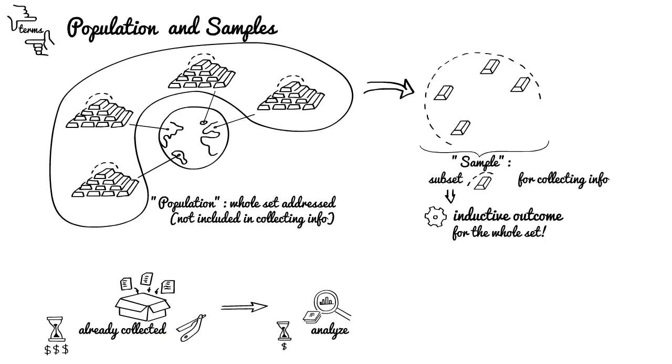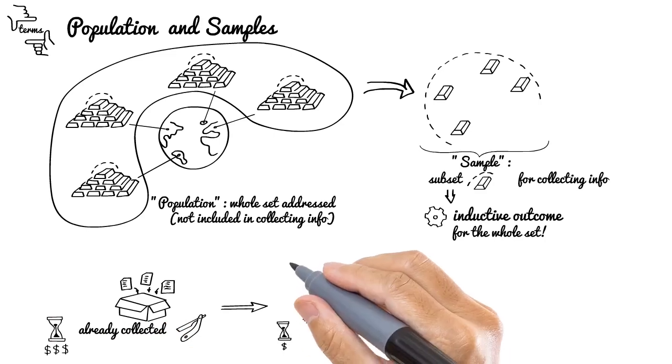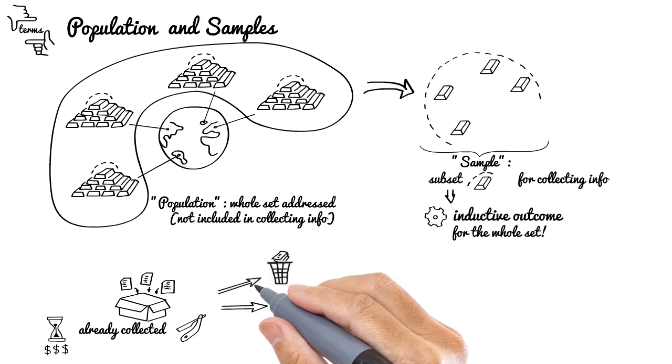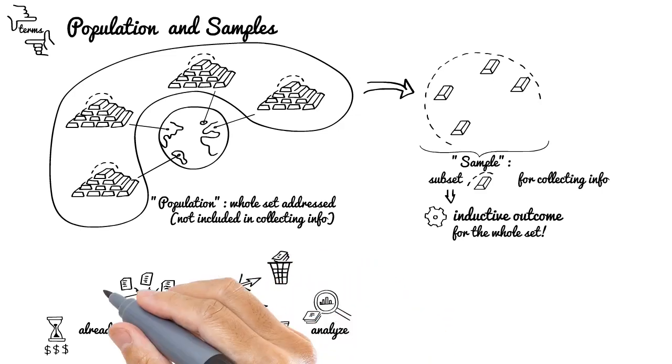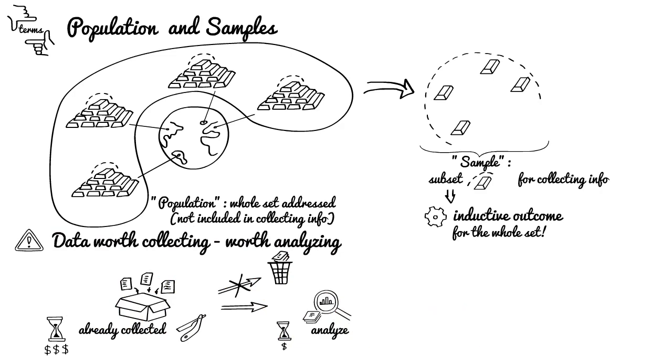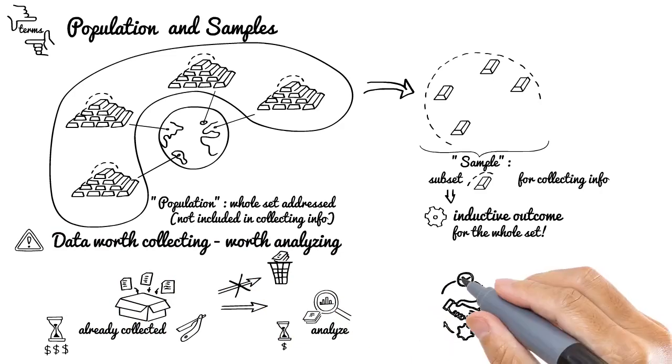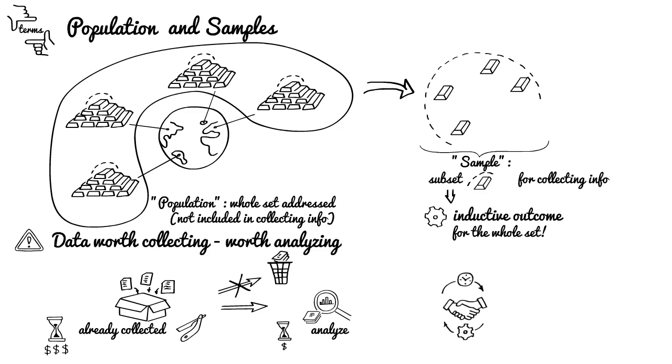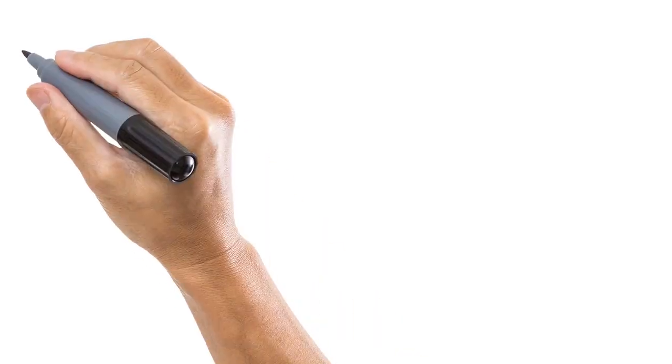Rule of thumb: a research department should take into consideration all data already collected for analysis. Data worth collecting are also worth analyzing. That was a brief discussion about trade-offs between parsimony, simplicity, efficiency, and the huge amount of data to collect for research.